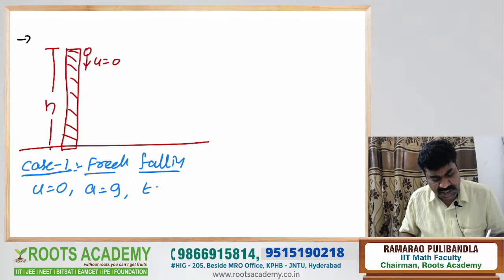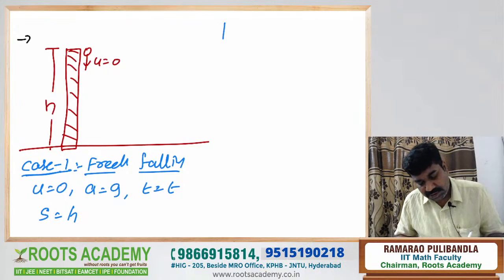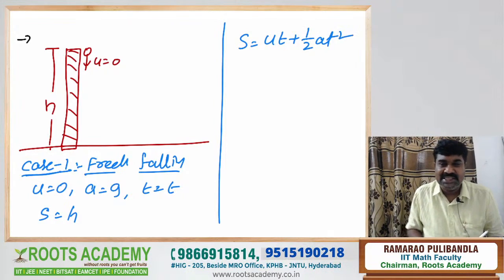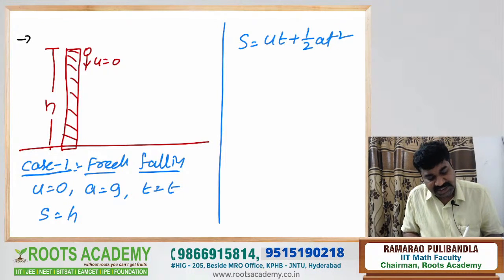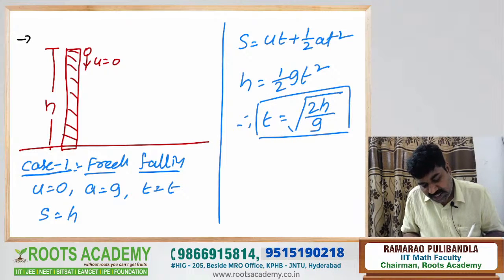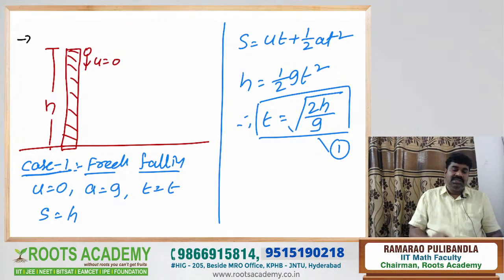Time taken to reach the ground is t. S is h. Using the formula S is equal to ut plus half at square, h is equal to half gt square. Therefore, t is equal to under root of 2h by g. This is equation number 1, for the freely falling body.